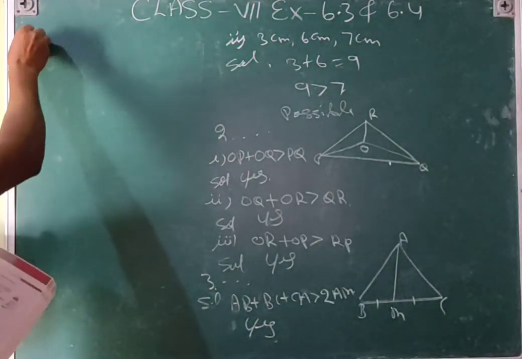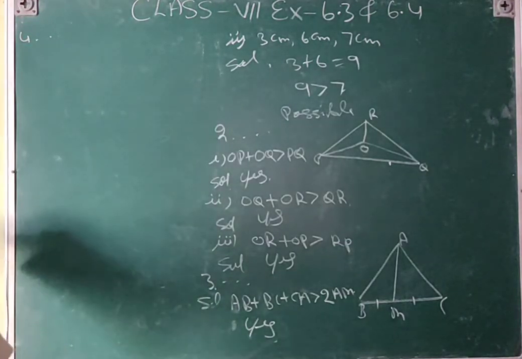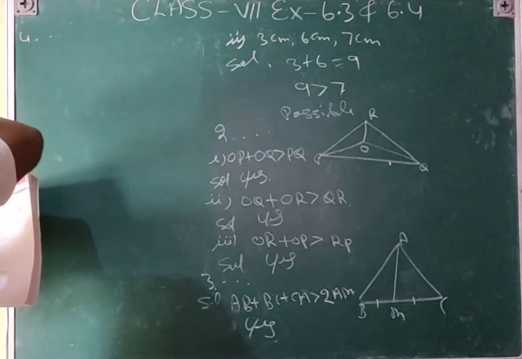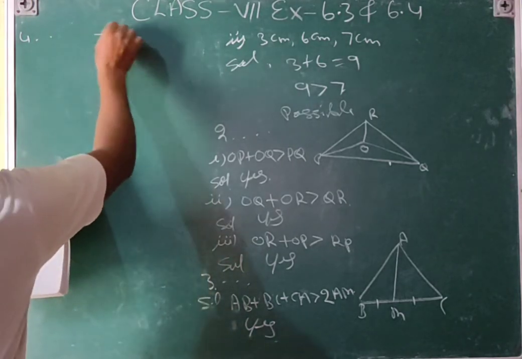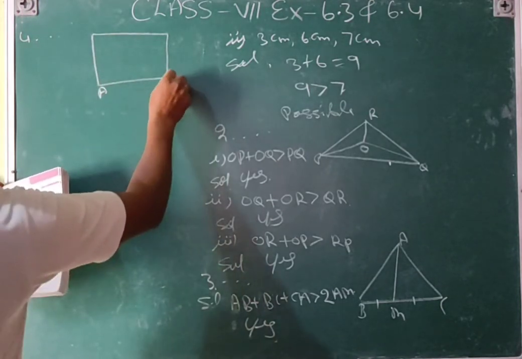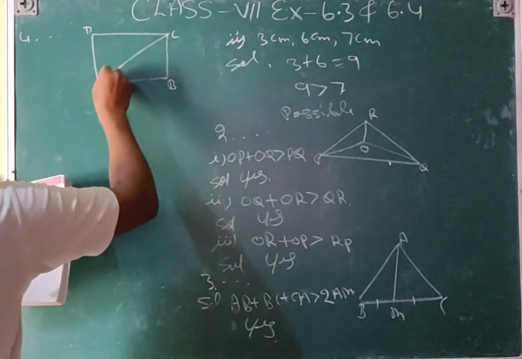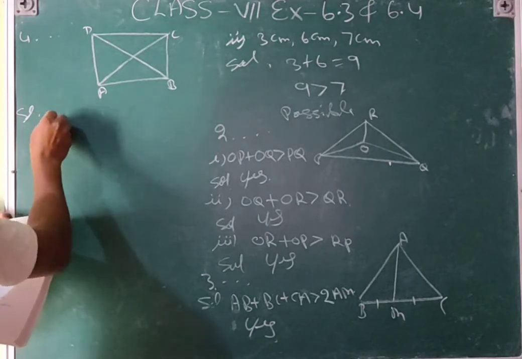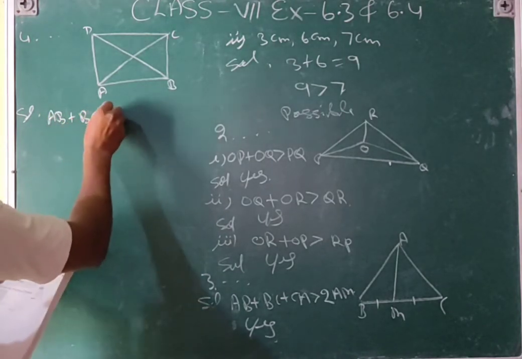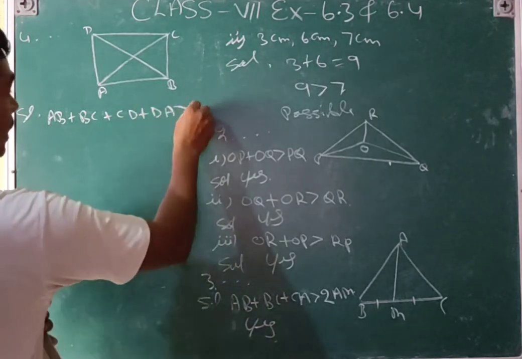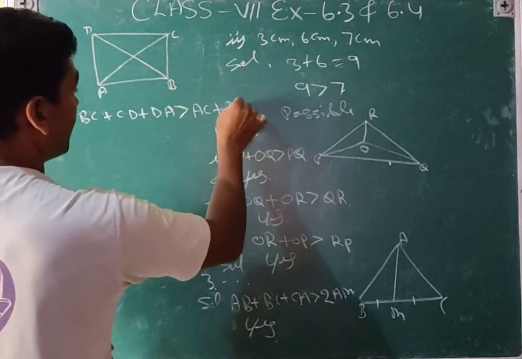Fourth question: ABCD is a quadrilateral. Quadrilateral means you know that the figure has 4 sides, A, B, C, D, and then the diagonals are also joined. So solution: AB plus BC plus CD plus DA is greater than AC plus BD.